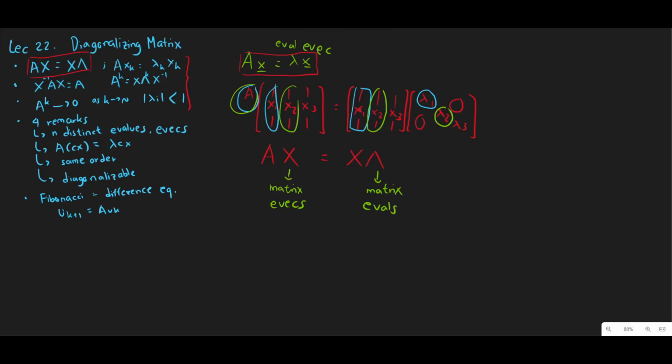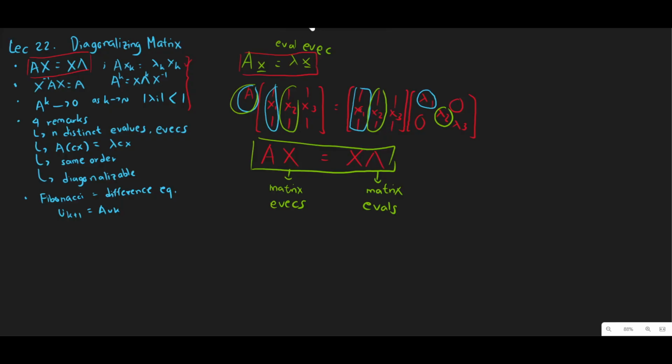That's the first part. The second part is, since you get this formula right here, you can play around with it. We can put the inverse of X in here or in here, so we can express this in terms of A, or in terms of X, or even in terms of lambda.